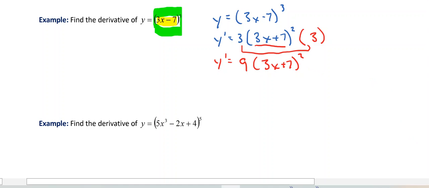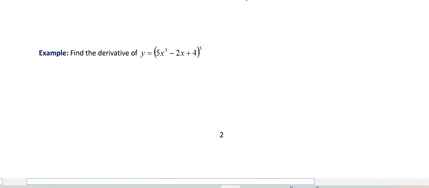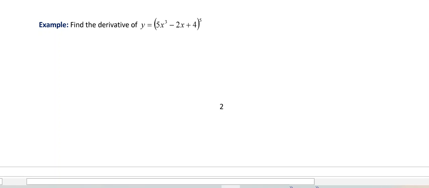All right, so in the next example, it's similar. The inside function is once again what is inside the parentheses. That is my u. And so we have use of the power rule.